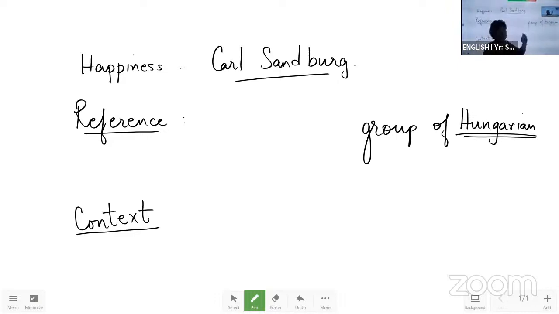They are foreign poets, so their tradition, culture is different from us. They will not talk about India or anything. They will talk about their country. But why does the word Hungarian come? He doesn't belong to Hungary. They are immigrants. Immigrants. So now understand why he talks about them.